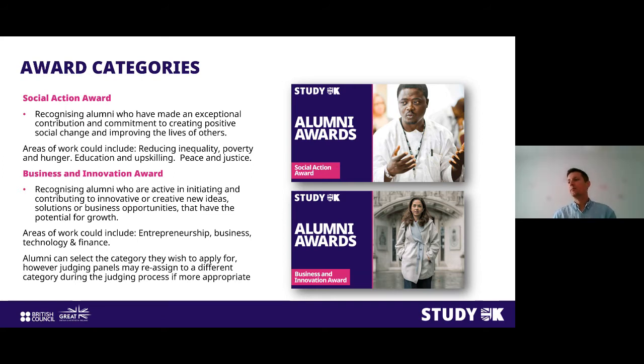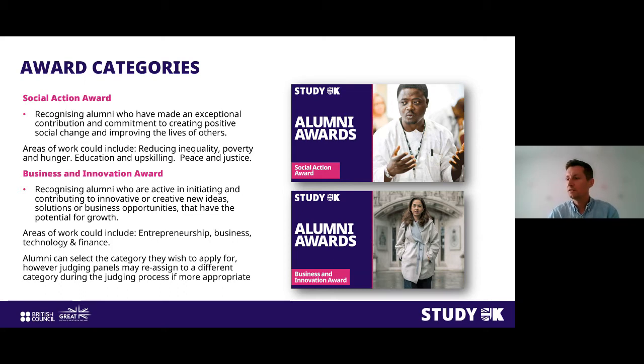So if you are in doubt about where to apply, then please let us know. We get questions particularly around academia, and if you work in academia, where would you apply? Normally you would apply for a professional achievement, but obviously we don't have that this year. So what I would encourage applicants to do is to think about where the impact has taken place.